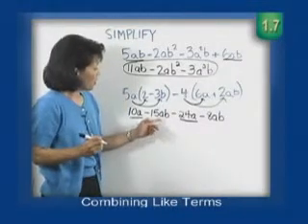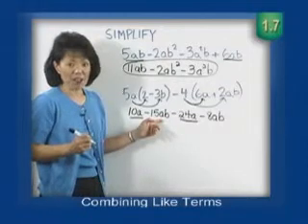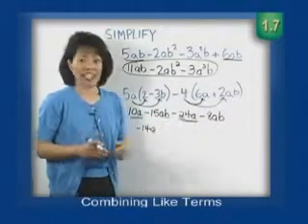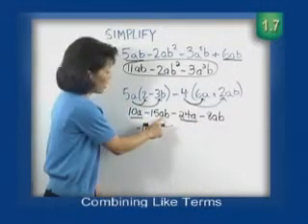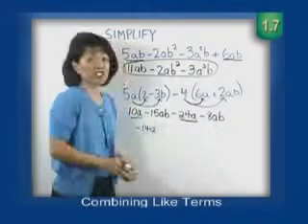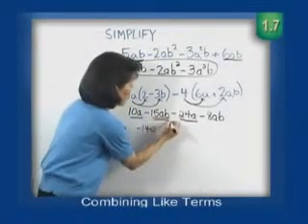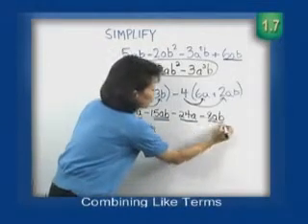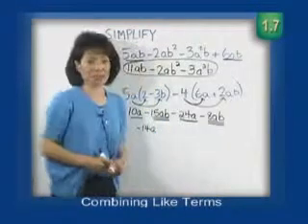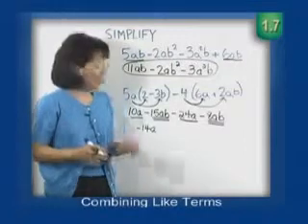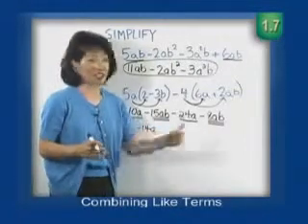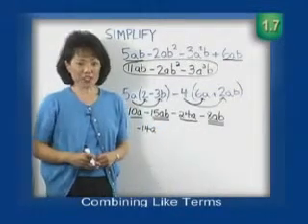Then I look and see I have a negative 15ab, and I also have a negative 8ab. Again, the variable portion matches perfectly, so the second term and the fourth term are considered like terms. Again, don't forget, once you identify like terms, just combine numerical coefficients.